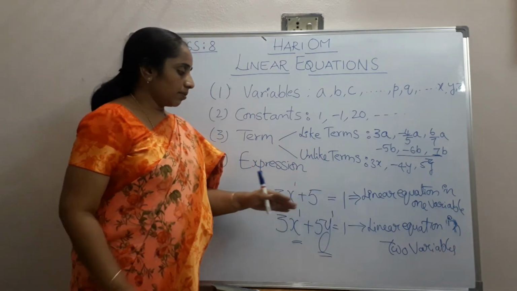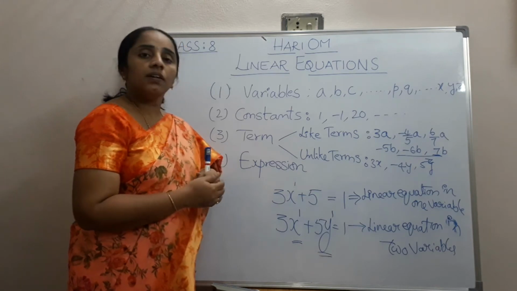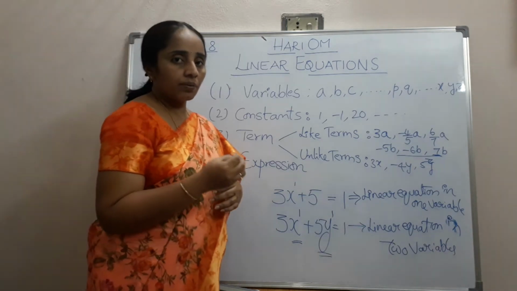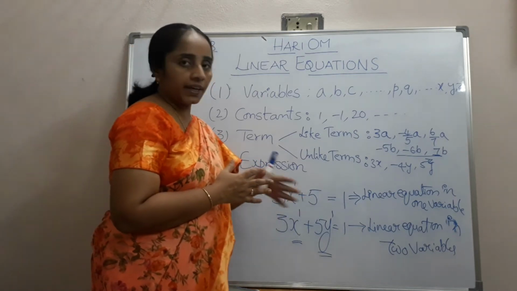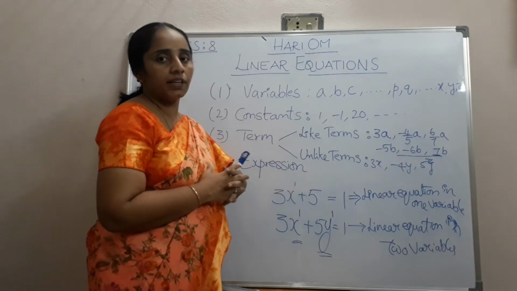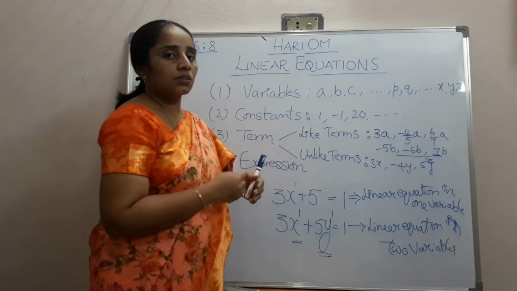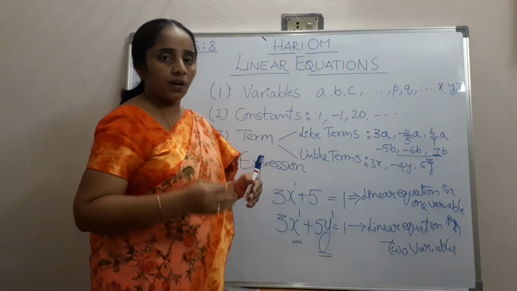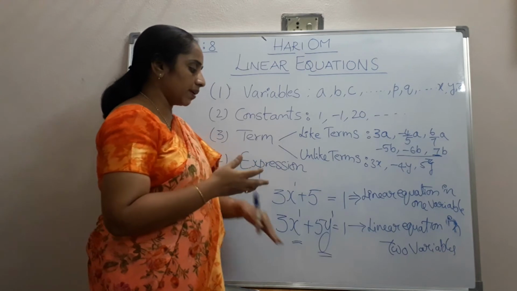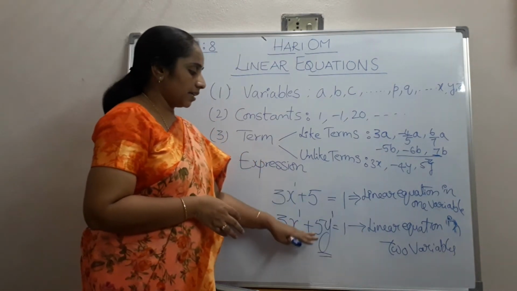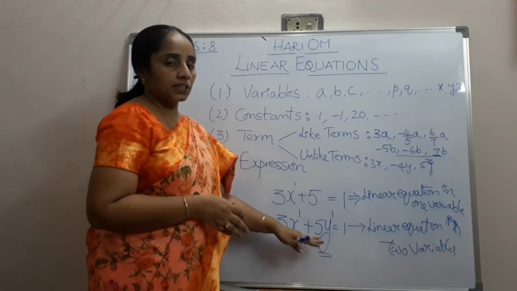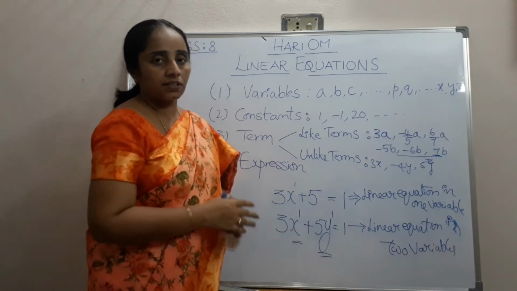To solve any problem with one quantity, we can use linear equation in one variable. If we want to solve two or more variables, then we can use linear equations in two variables, and we can study these in our next classes.